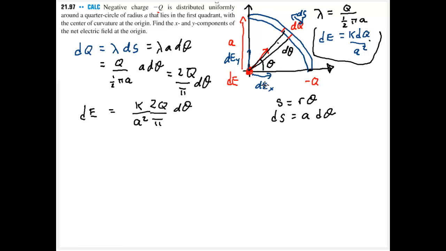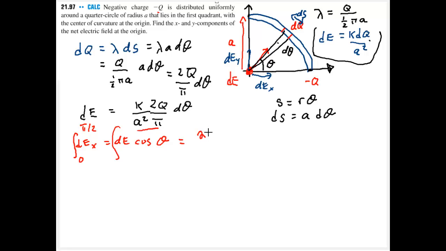Now I can also say, well, I know that dE in the x direction is simply going to be equal to dE multiplied by cosine theta. And what I want to do is I want to go ahead and integrate this guy from 0 to pi over 2. So I'm going to do my integral right there. Turns out we can pull all of these terms out except for the d theta.